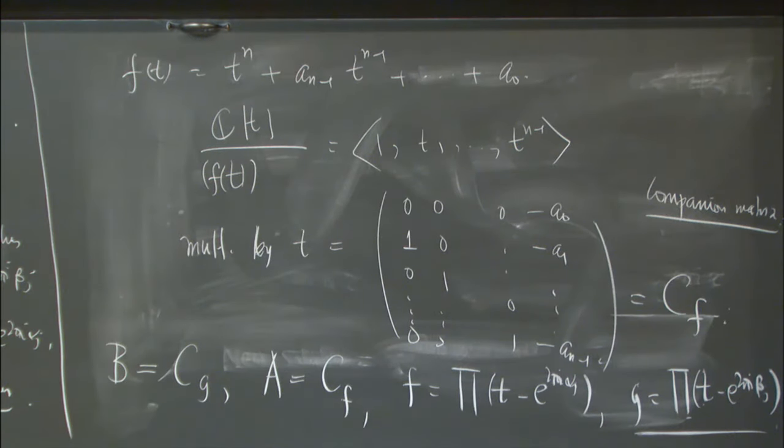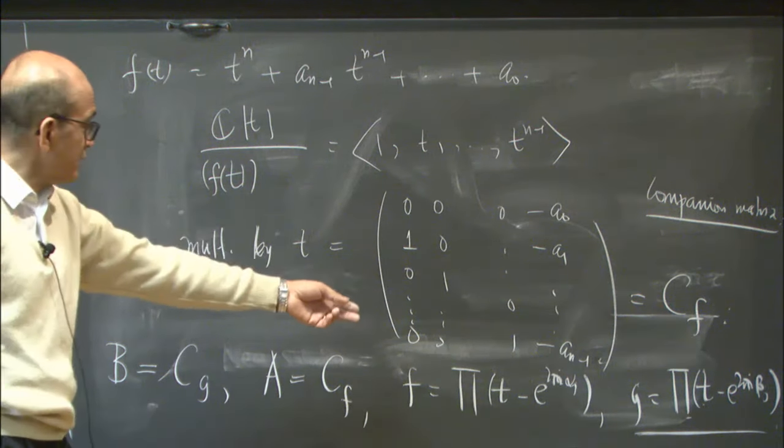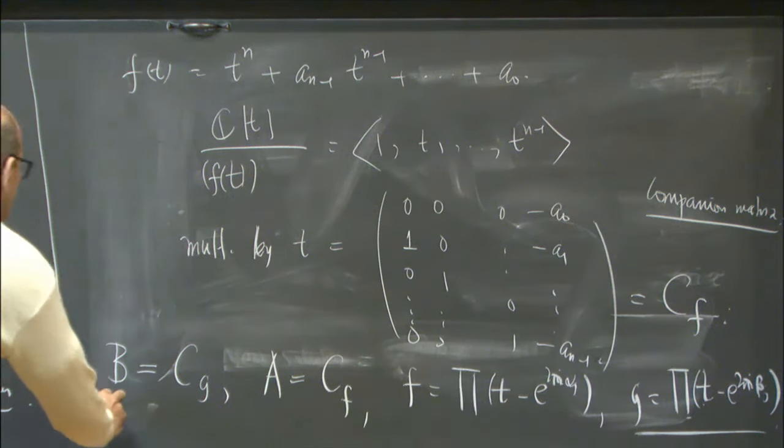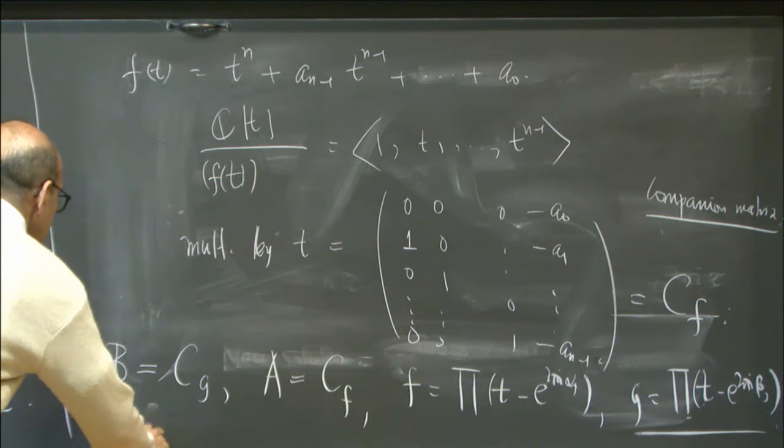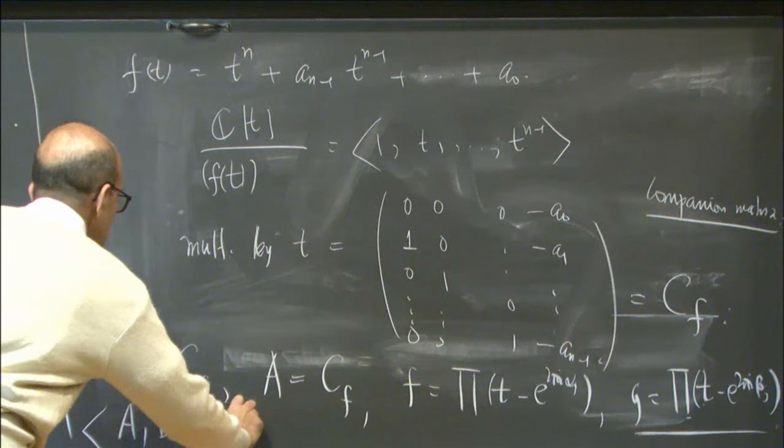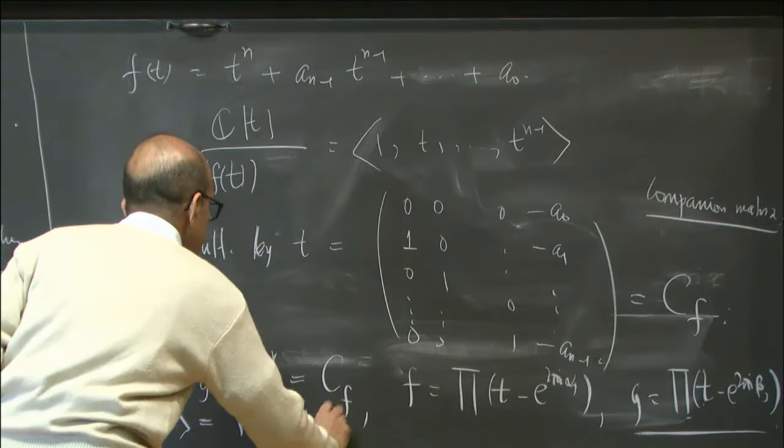So you have just two matrices, namely the companion matrices. You take the group generated by them. This is called the hypergeometric group.